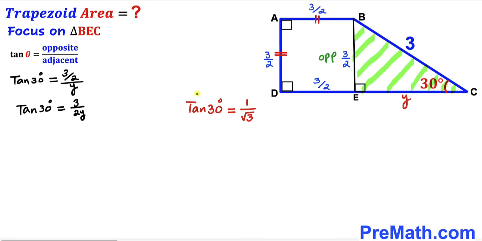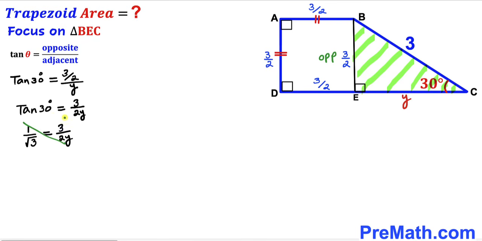We know tangent of 30 degrees is always 1 divided by square root of 3. So I'm going to substitute this value on the left hand side, and I can write 1 divided by square root of 3 equals 3 divided by 2 times y.